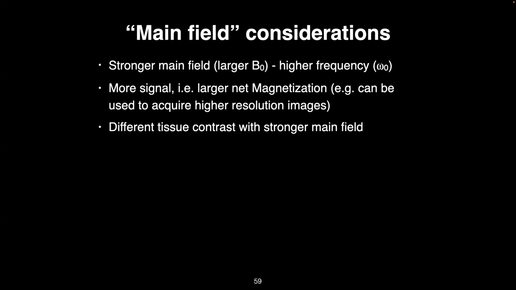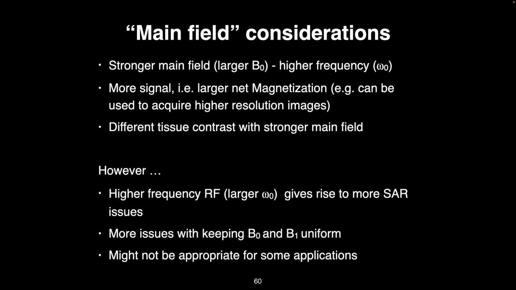So if you're interested in doing something very high resolution, then you want to think about stronger magnetic fields, so using one of our higher field systems. Also, we talked about the relaxation properties changing depending on what field you use. So you can also exploit that, with different fields, and see what's more optimized for what you're looking at.